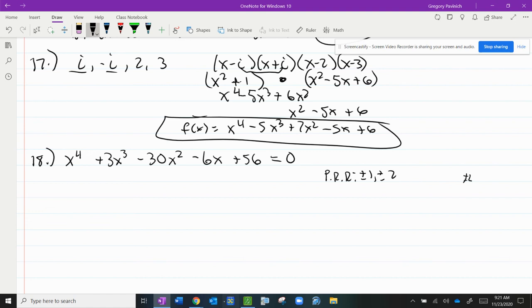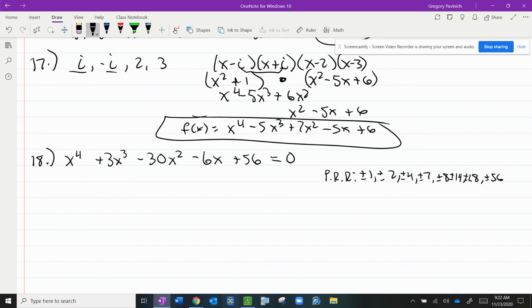And then 56 divided by 3 doesn't work. 56 divided by 4 is 14. And then that's just 8 and 7.